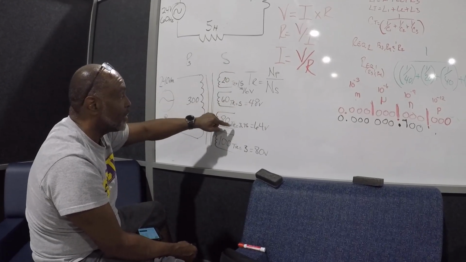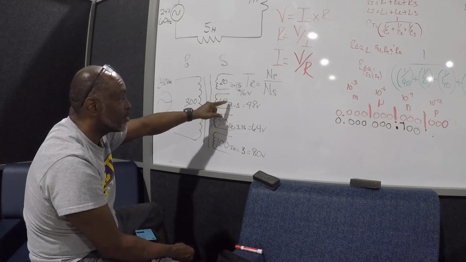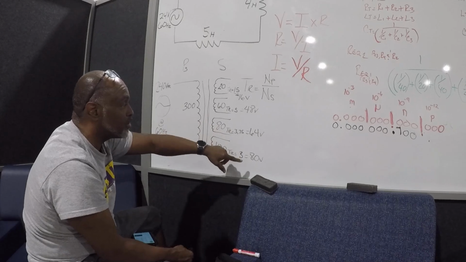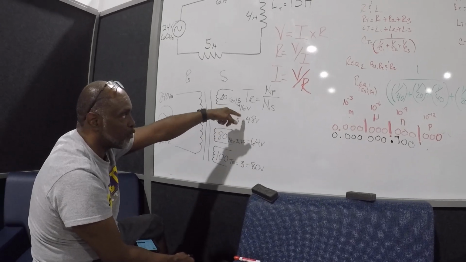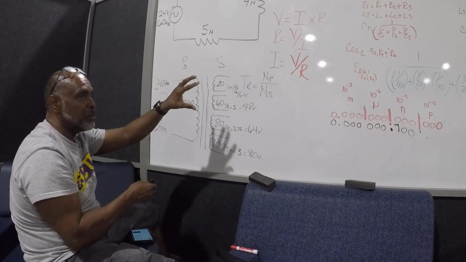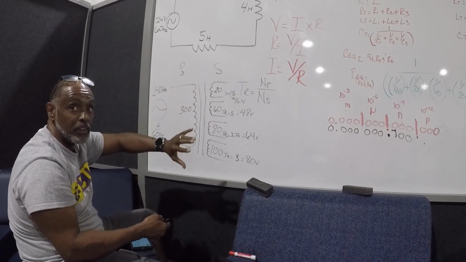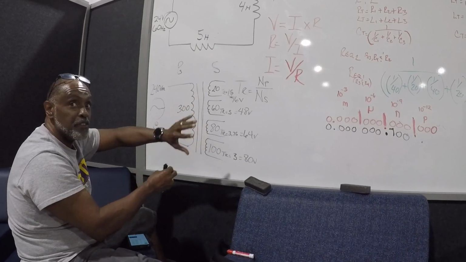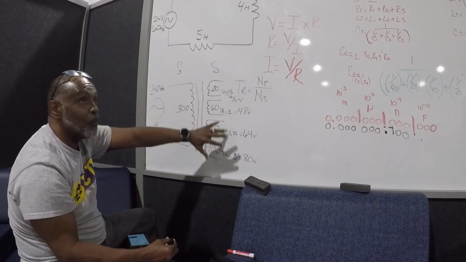I could tie these two together, or I could tie them all together. So that's one of the beautiful things about it. You have a lot of flexibility when you're working with the transformer. It gives you a lot of different ways to go.